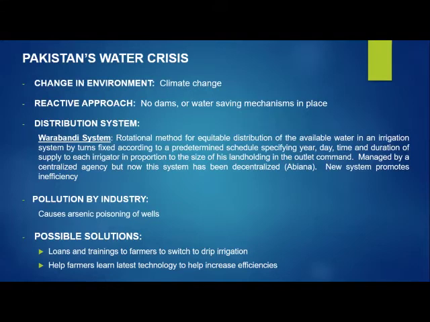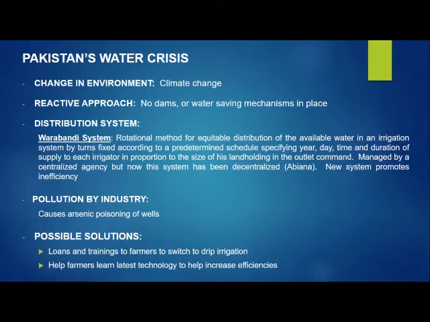However, in some cases, it is decentralized and there's nobody controlling and making sure everybody is following the system, but everybody just automatically does. So there's a little bit of difference, but net, this Vara Bandi system of equitable distribution and a rotational method for water distribution is very prevalent.